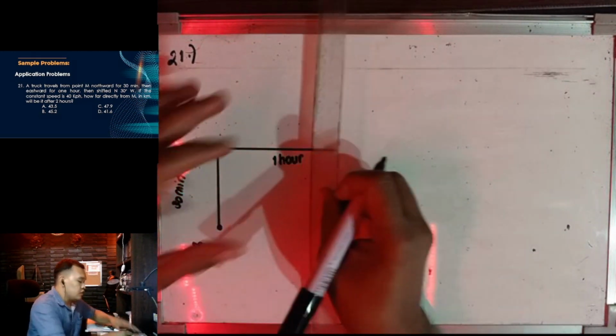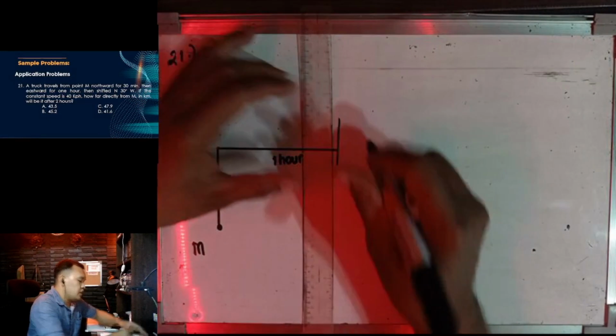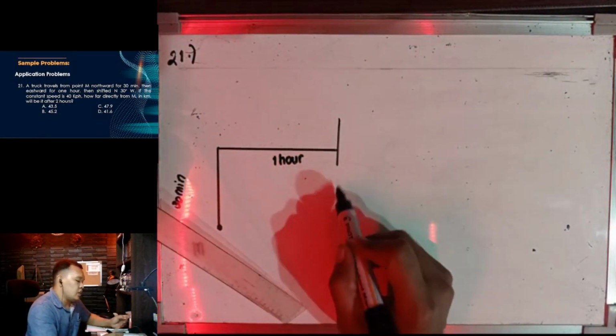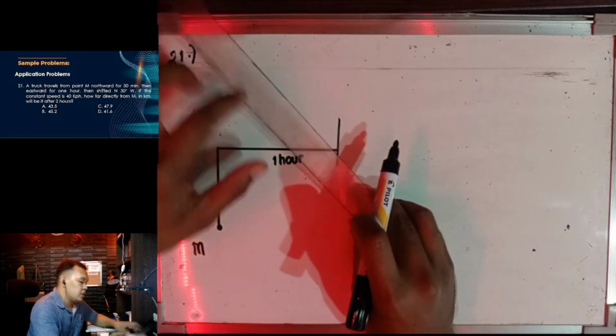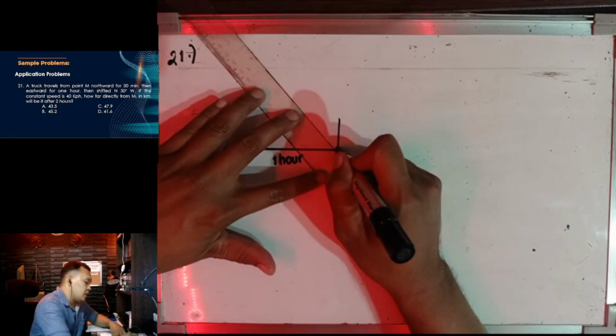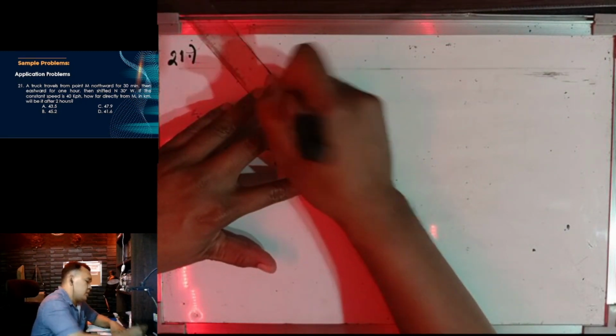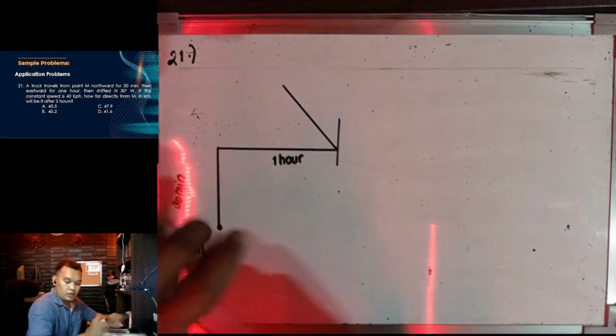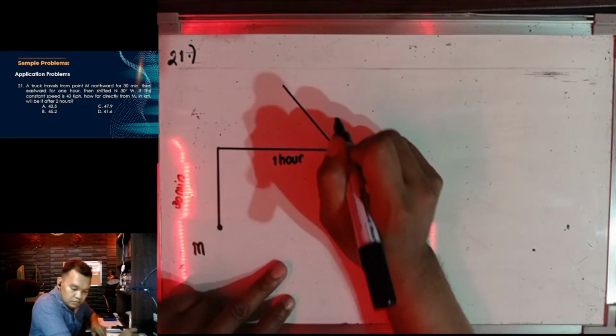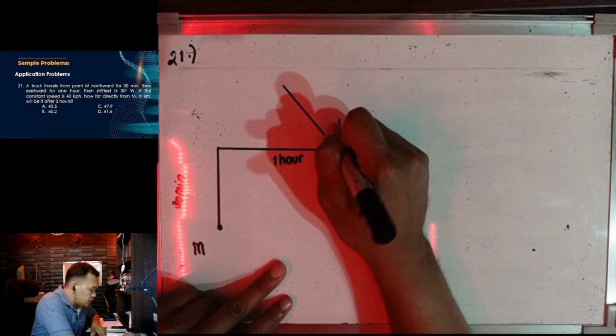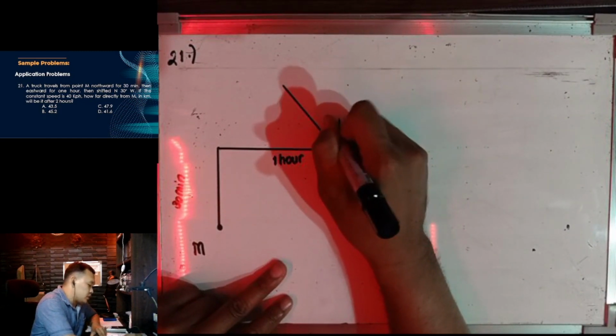Okay? So, kung ito yung ano natin, north, south, east, west. So, meron tayong 30 degrees papunta sa north, 30 degrees west. North, 30 degrees west.